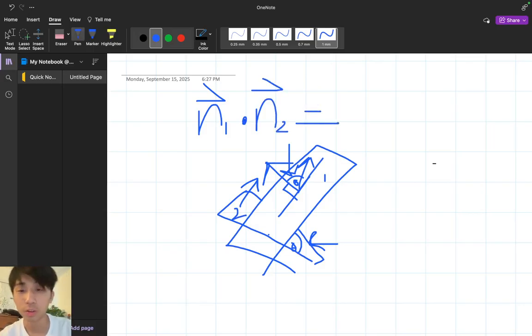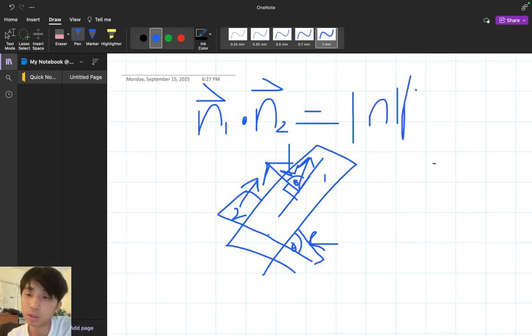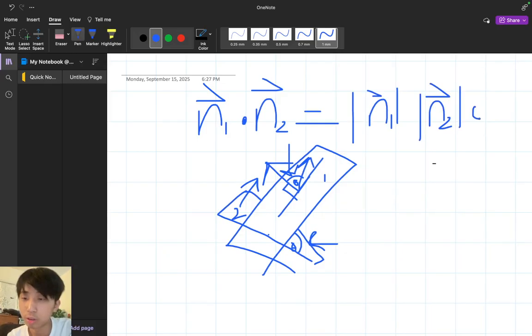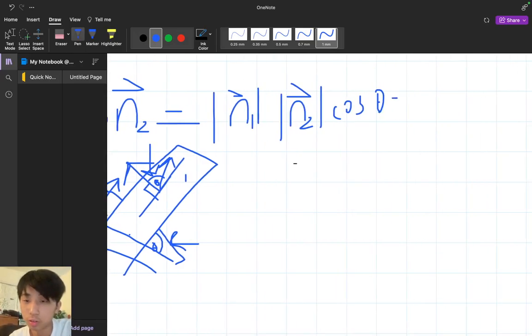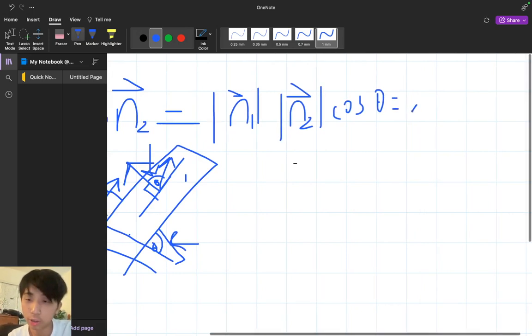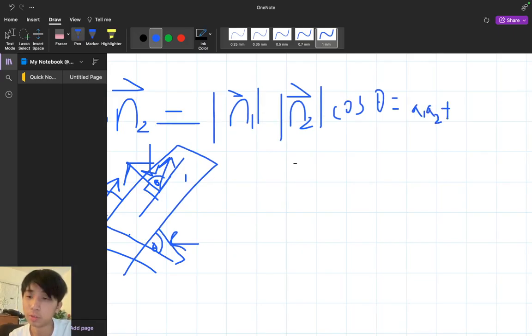Well, that's going to equal the magnitude of N1 times the magnitude of N2 times cosine theta, which is also equal to the components: A1 times A2 plus B1 times B2, and if there's a C, then you do the same thing.